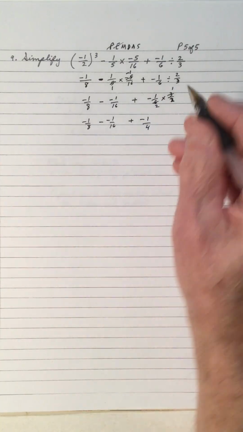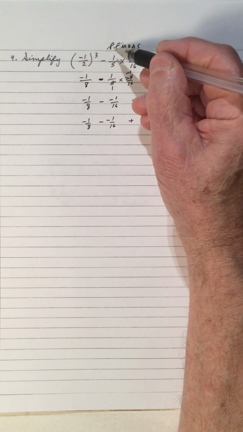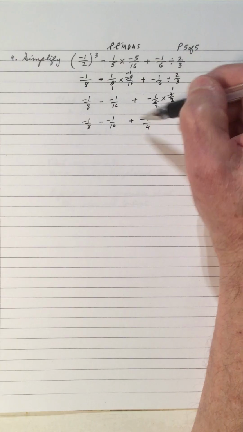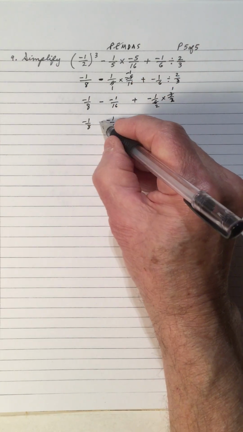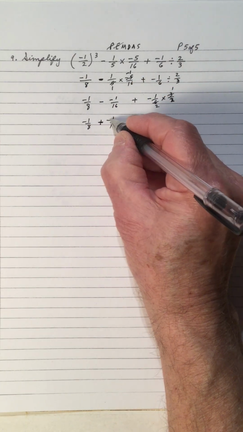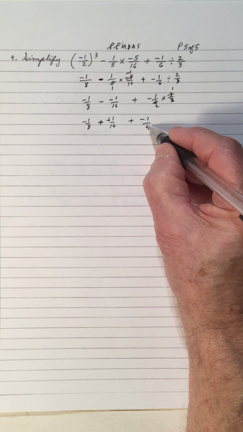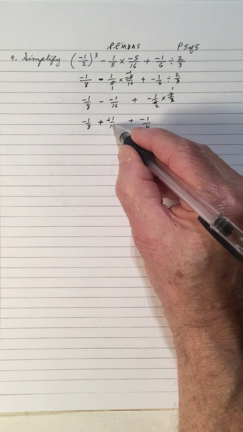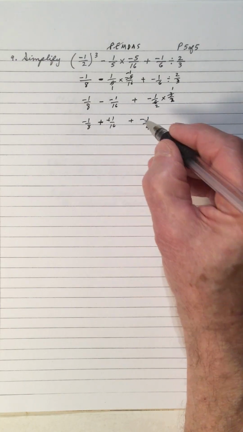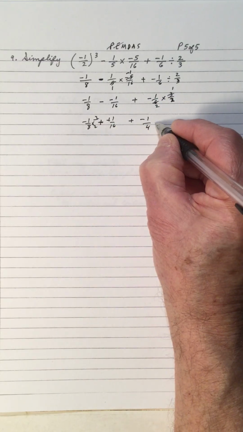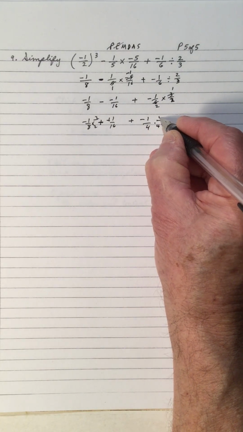Now there's nothing inside the parentheses to do. I have the exponent done. I have the multiplication division completed. And now I have to add and subtract. A double negative is a positive. Common denominator for 8, 16, and 4 is 16. 16 is the multiple of 8 and 4, so we multiply this one by 2 over 2. We multiply this one by 4 over 4.